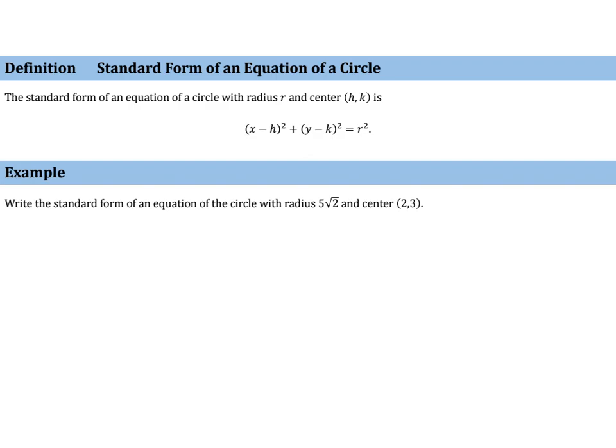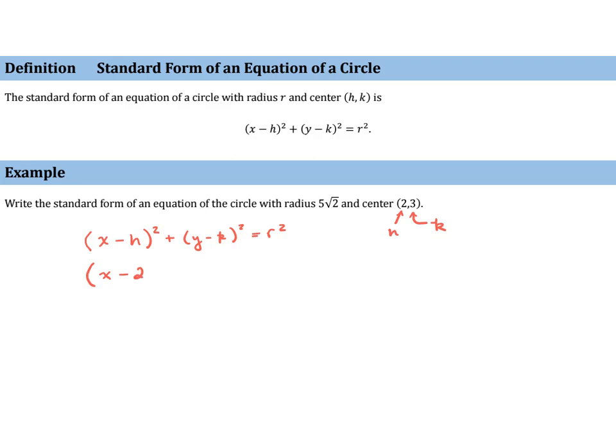So let's take a look at an example. We want to find the standard form of the equation of a circle, and that circle has a radius of 5 square roots of 2, and the center is (2, 3). So let's just plug in these values. So x minus h, quantity squared, plus y minus k, quantity squared, equals r squared, will become x minus, now the center is (2, 3), so that means h is 2, and k is 3.